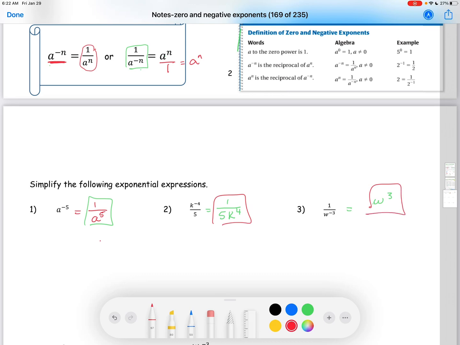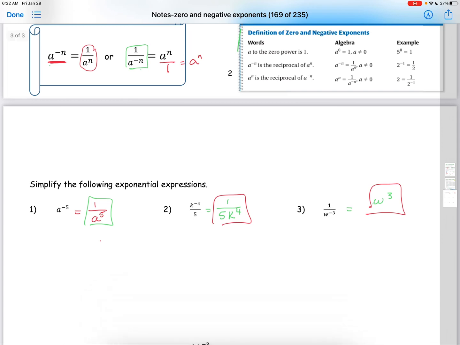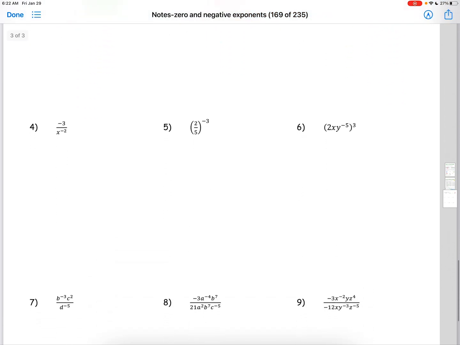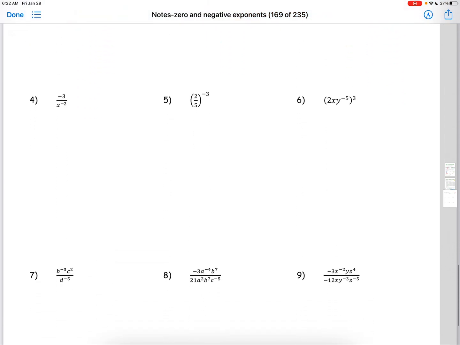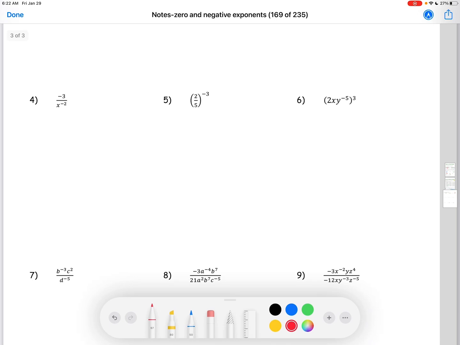Of course, over 1, but simplified is just w to the 3. With number 4, we have negative 3 over x to the negative 2. I'm going to give you a second to work this one out. Feel free to pause the video.